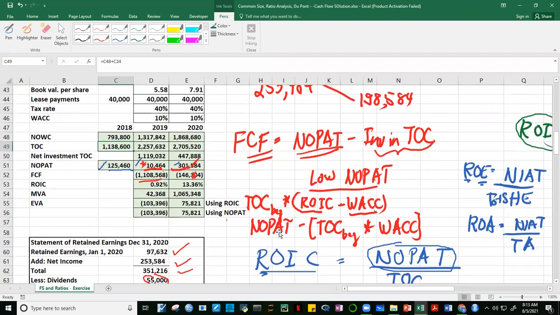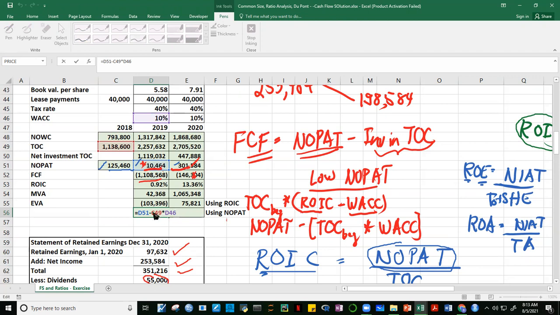Okay, so that's how we compute for the EVA using NOPAT. Okay, so let me flash the formula. So this is NOPAT, no? D51 minus capital at the beginning, okay, multiplied by the weighted average cost of capital.